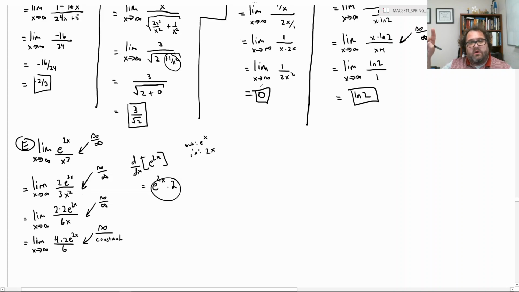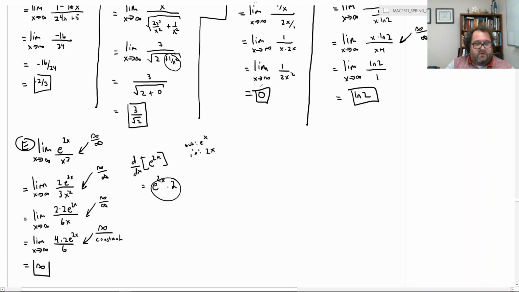If the top is going off to infinity, but we're just dividing by a constant, that means the whole overall quotient is going to infinity. Because imagine the numerator is getting bigger, bigger, a million, 10 million, a billion, a trillion, and we're dividing by 6. Dividing by 6 is not doing anything when you're approaching infinity. So our answer is infinity.